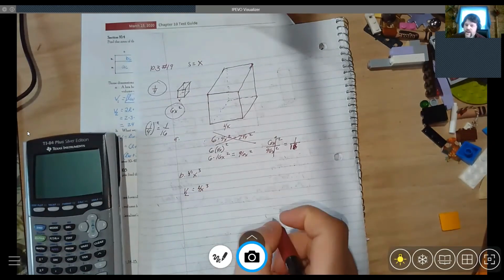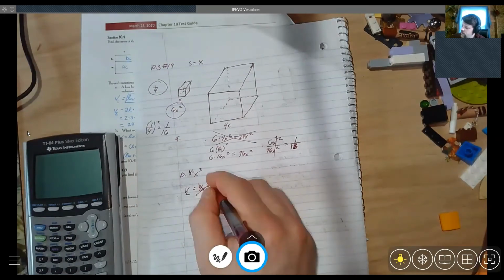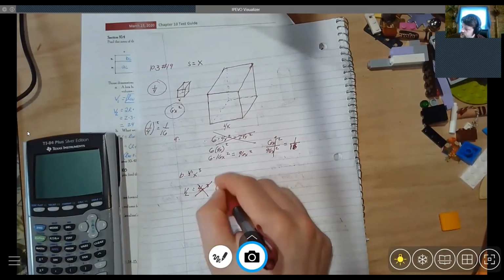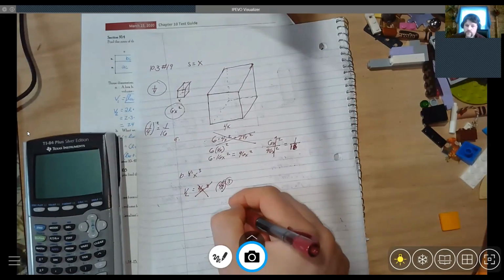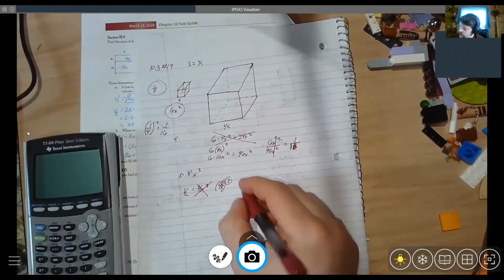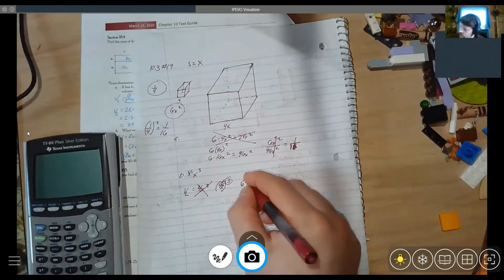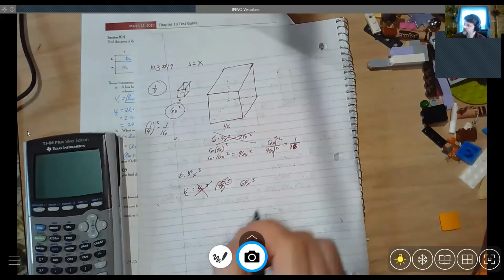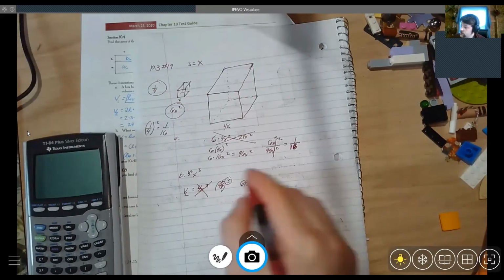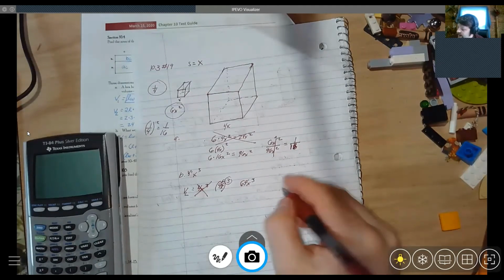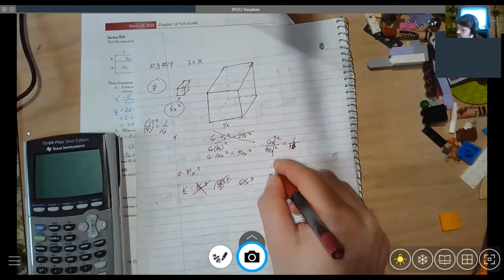It's not 4x cubed like that. No, it's (4x) cubed, where the cubed is going to apply to both the 4 and the x. And 4 cubed is 64. x cubed is x cubed. So 64x cubed. So the ratio then is x cubed over 64x cubed.